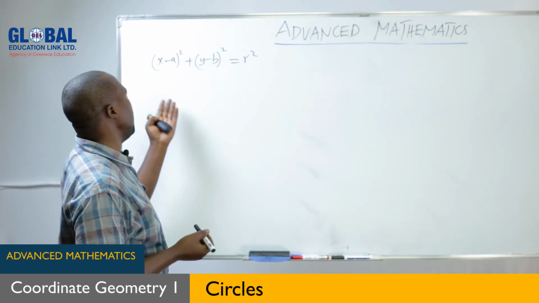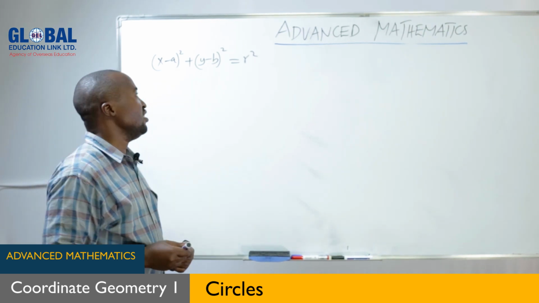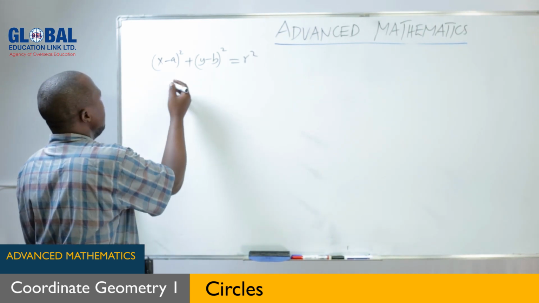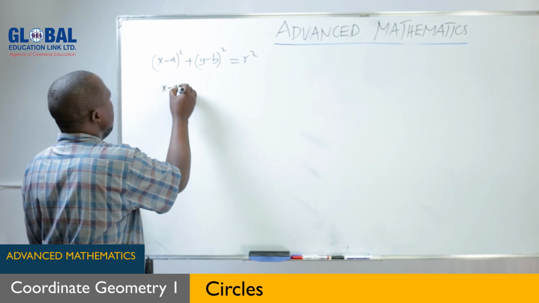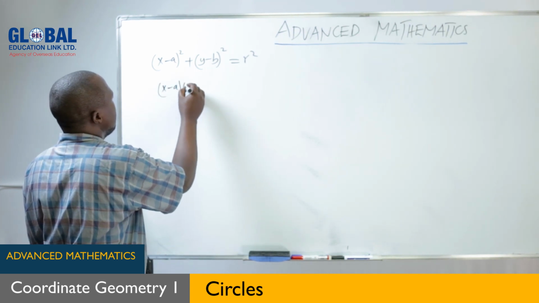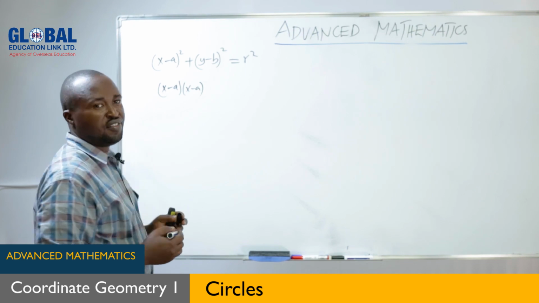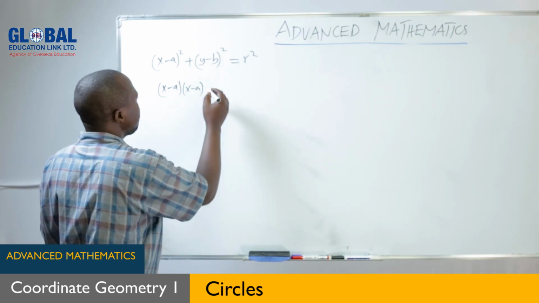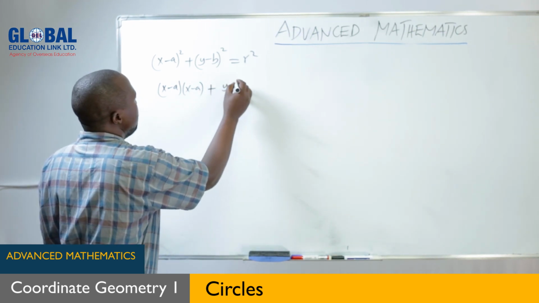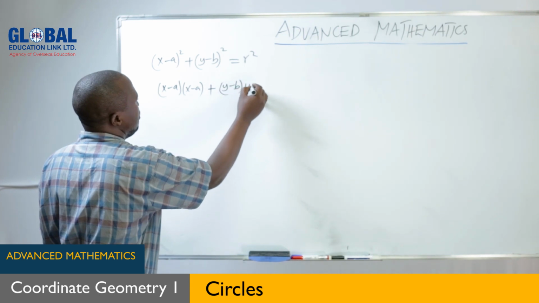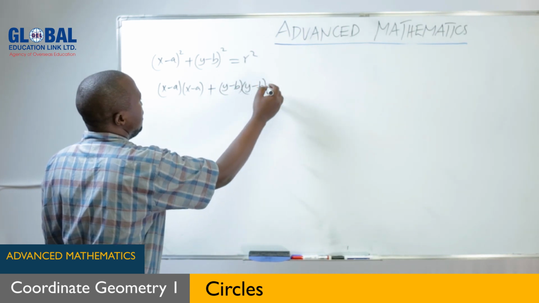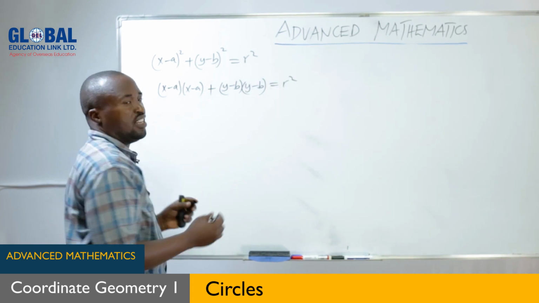Now let us expand what is in our left hand side. So starting with the x minus a, that is x minus a times x minus a. Then followed by y minus b, that is y minus b, because they are squared.